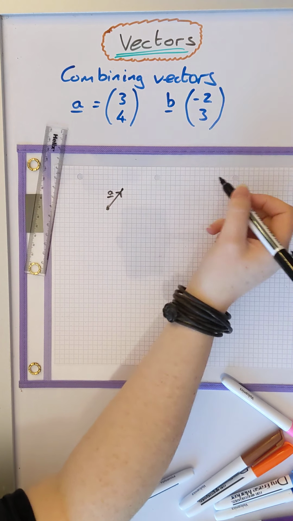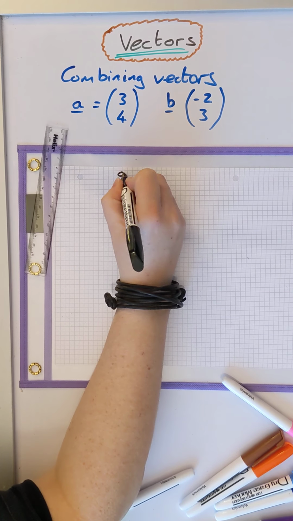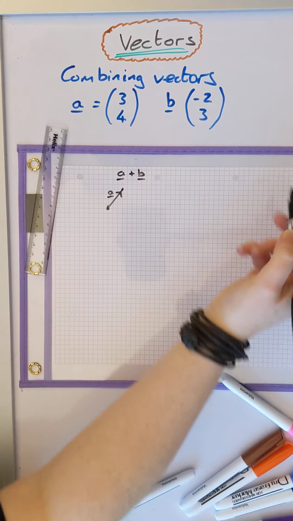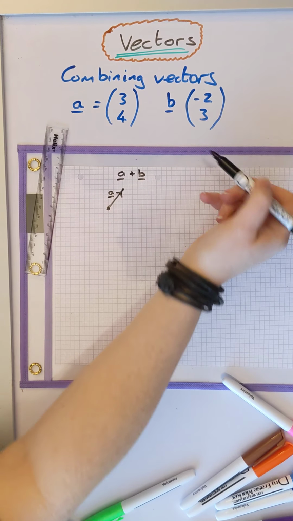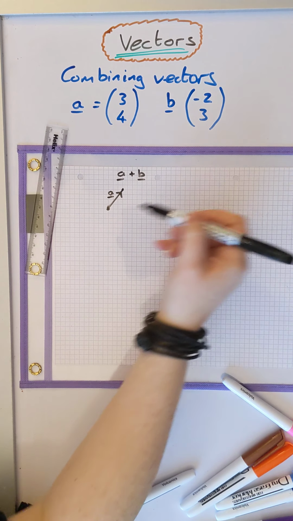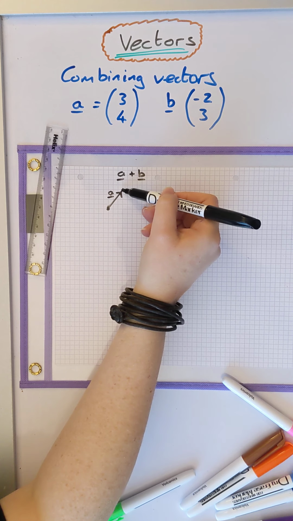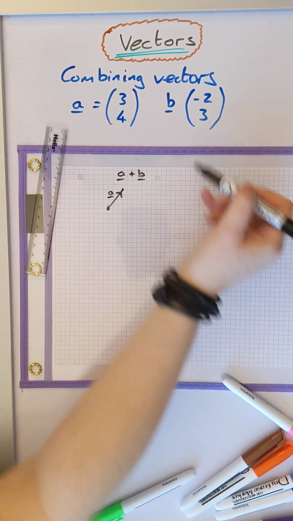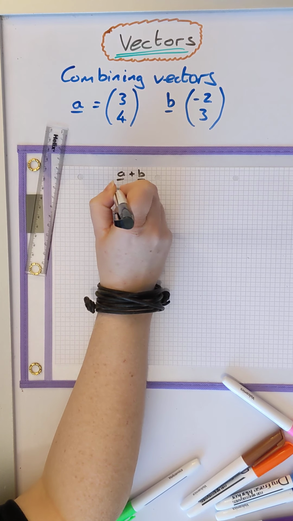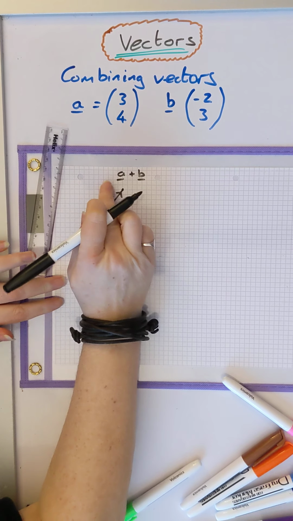If I wanted to add A plus B, I would add this vector onto the end of my previous vector. So A plus B, I draw A, and at the end of A, I then start to do B. I really should have drawn that A on the other side of that.